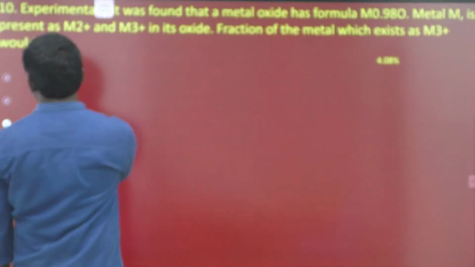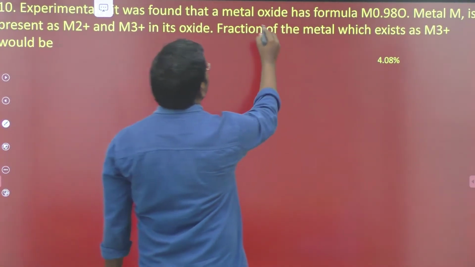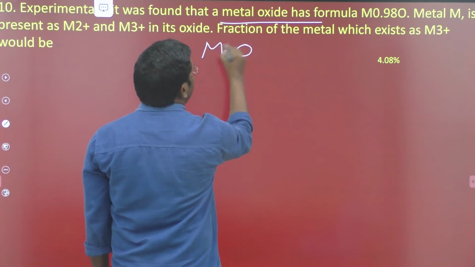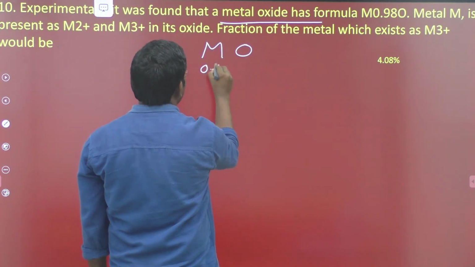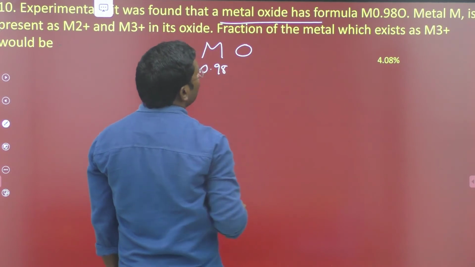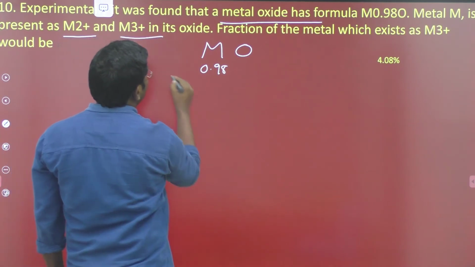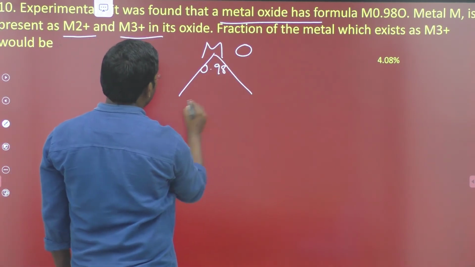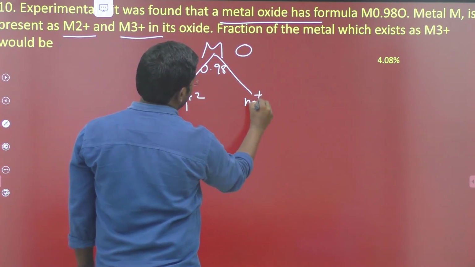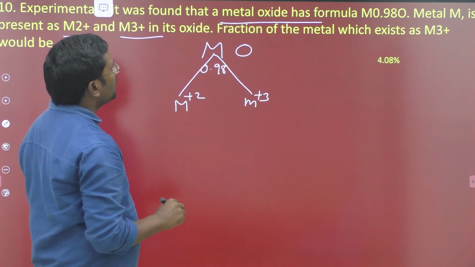Come to the next one. Experimentally it was found that a metal oxide has the formula M0.98O. Metal M is present as M plus 2 ion and M plus 3 ion. So what fraction of the metal exists as M plus 3?